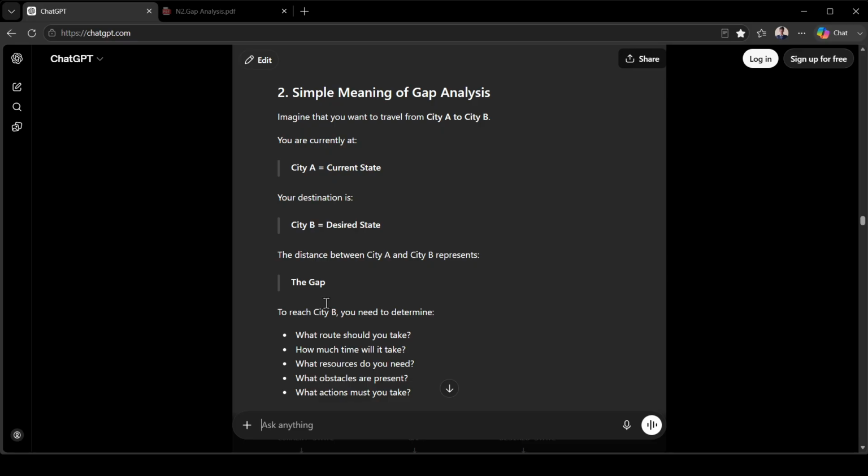A simple meaning of gap analysis: imagine that you want to travel from city A to city B. You are currently at city A, the current state. Your destination is city B, the desired state. The distance between city A and B represents the gap.